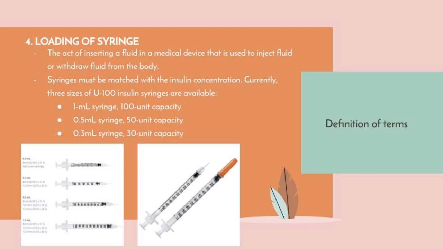Small syringes allow patients who require small amounts of insulin to measure and draw up the amount of insulin accurately. The smaller syringes are marked in increments and may be easier for patients with visual defects and those taking very small doses of insulin.